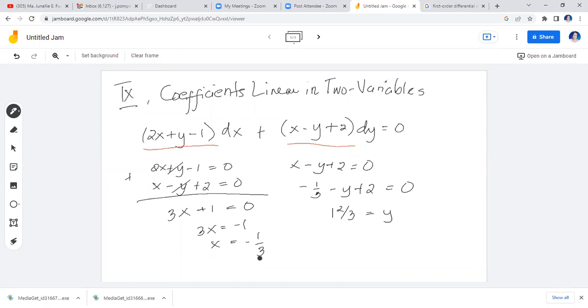I'll make this an improper fraction, so I'll have 5/3 equal to y. So you already know the coordinates of the point of intersection. The coordinates are -1/3 and 5/3.